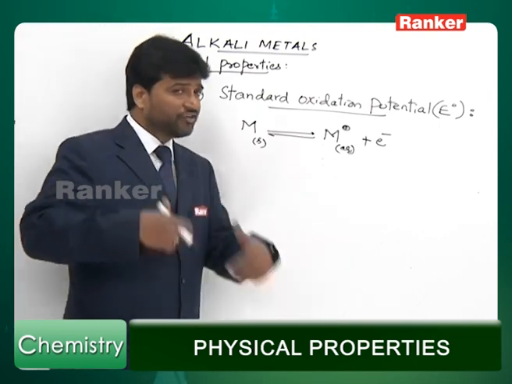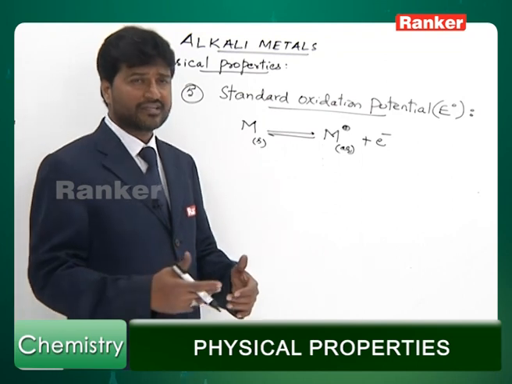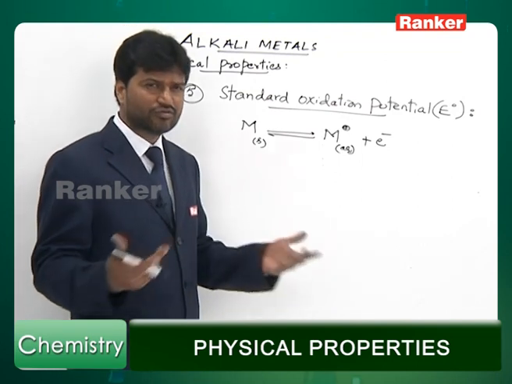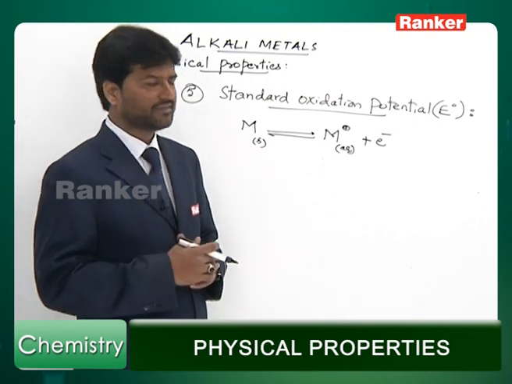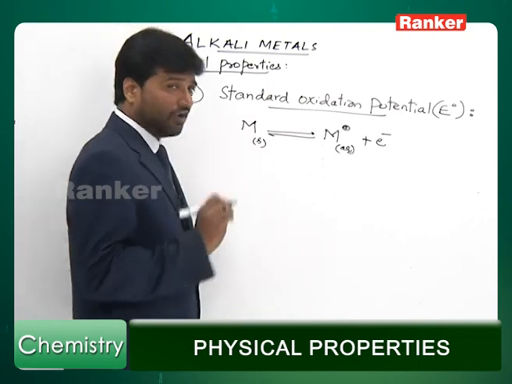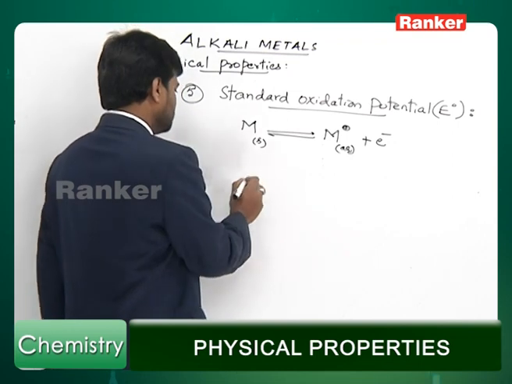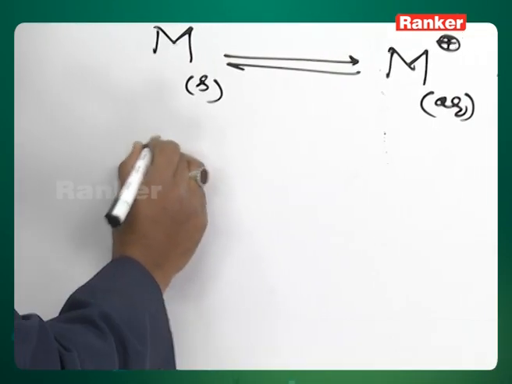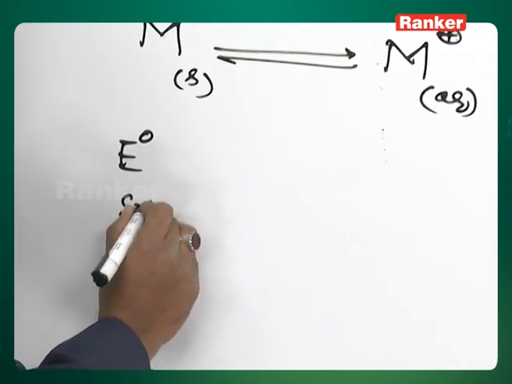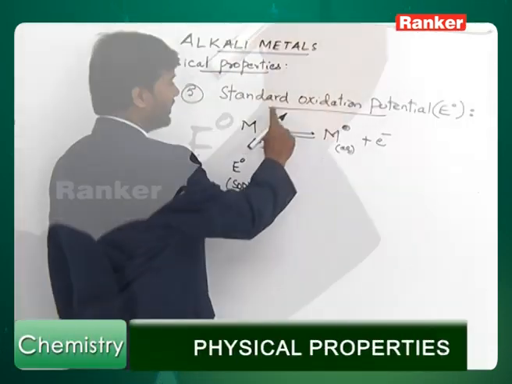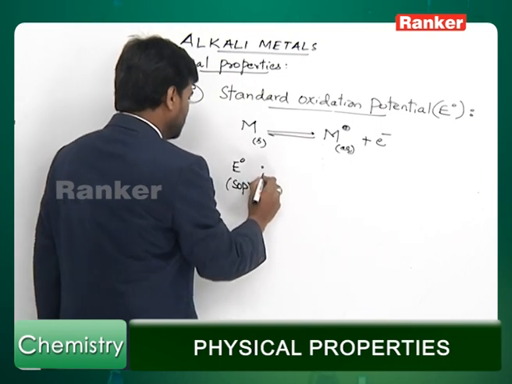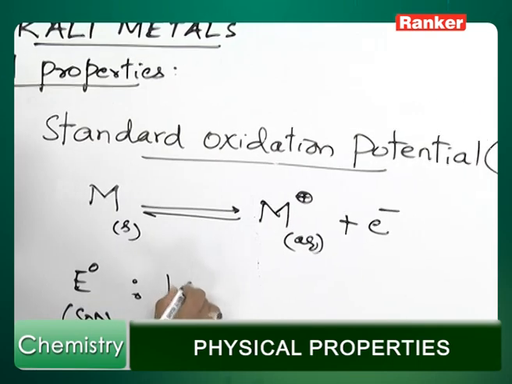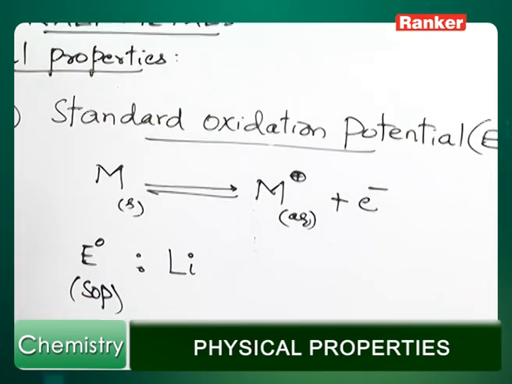Now, the measure of the ability of an alkali metal or any metal to lose electron is called its oxidation potential. Now, the order of oxidation potential E naught, we are taking it as SOP. SOP represents standard oxidation potential. The element with the highest SOP, standard oxidation potential, is lithium.